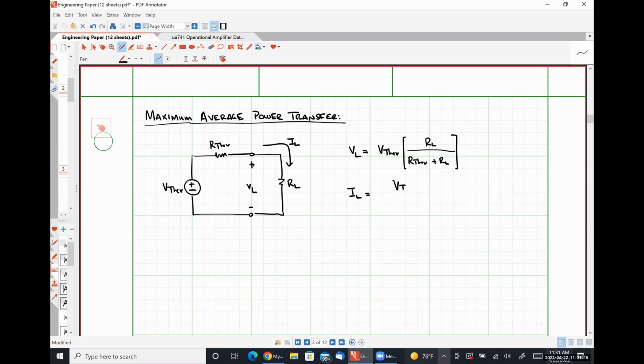So that would be simply V Thevenin divided by R Thevenin plus RL.